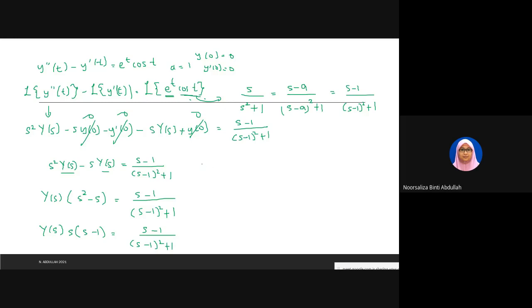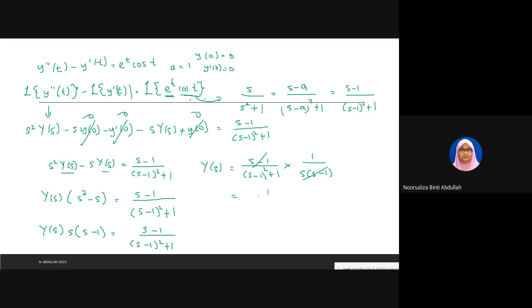Then Y(s) equals to (s minus 1) over (s minus 1) square plus 1. This one you bring to this side, this will be divide kan. So you darabkan dengan 1 per s minus 1. Okay, so this one you can cancel.